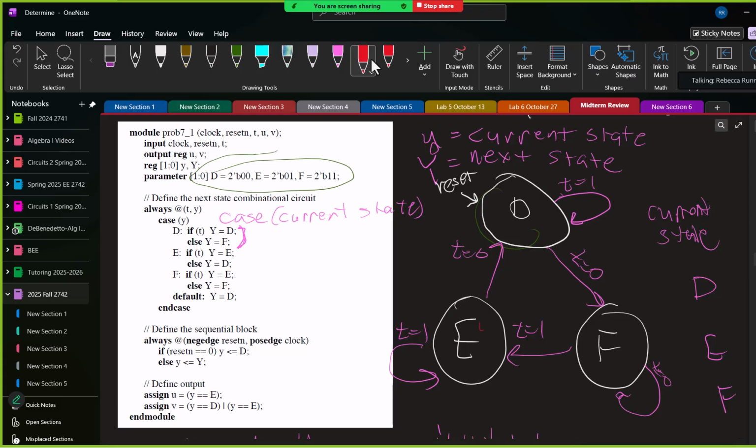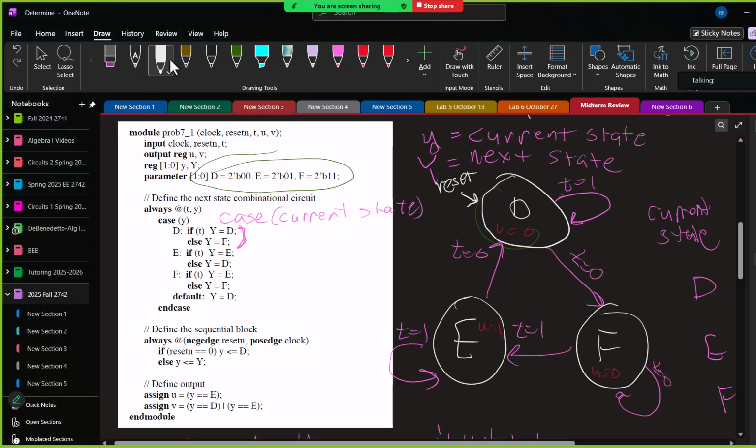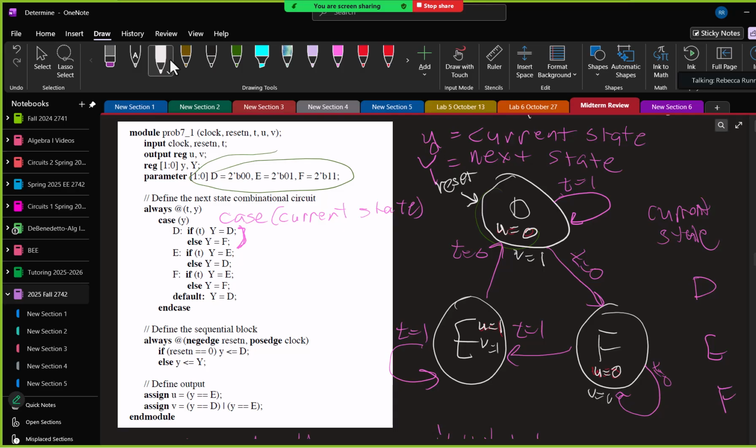Our u is going to equal 1 if you're in state E, u will equal 0 if you're in state D, and u will equal 0 if you're in state F. Can't really see that on this, but u equals 0, u equals 1, u equals 0. v equals 1 for states D and E, and v equals 0 for state F.